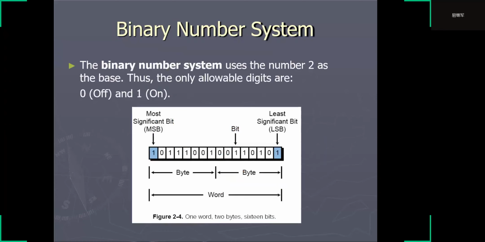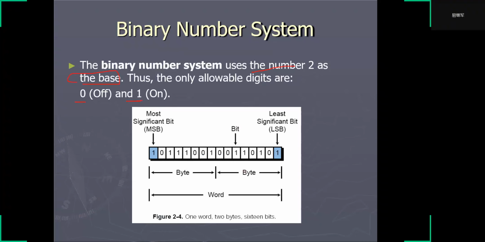Similarly, we can represent the binary number system. The binary number system uses the number 2 as the base. The only digits are 0 and 1.